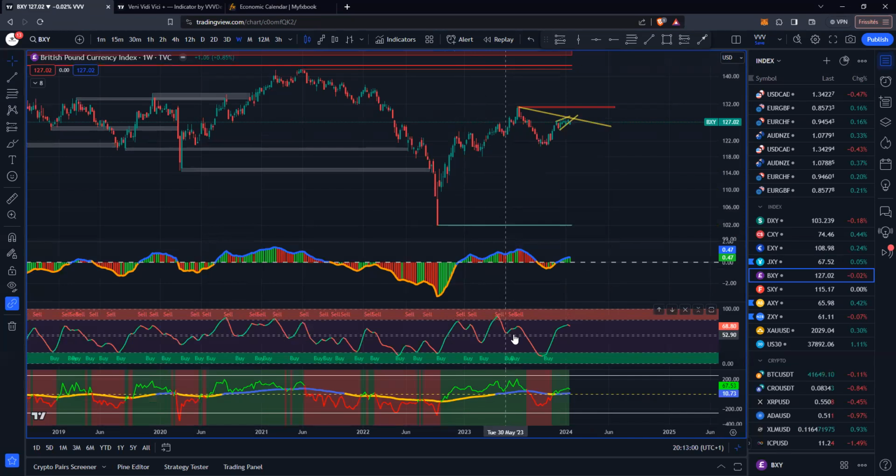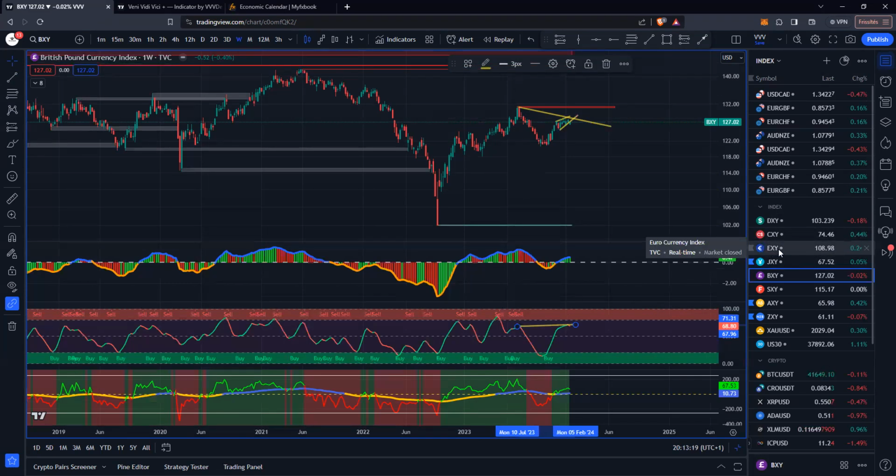Okay, the BXY also has a possibility for a divergence on the weekly basis, which is not formed yet. And actually, as you see, for example, the Euro GBP, and you see the BXY and you see the AXY, there's a huge difference between the two.